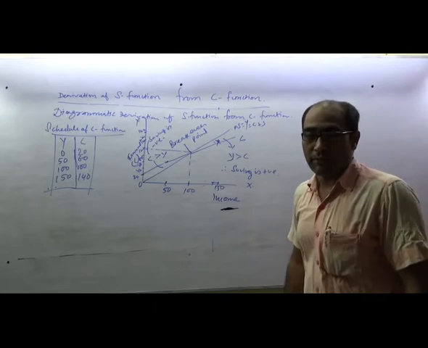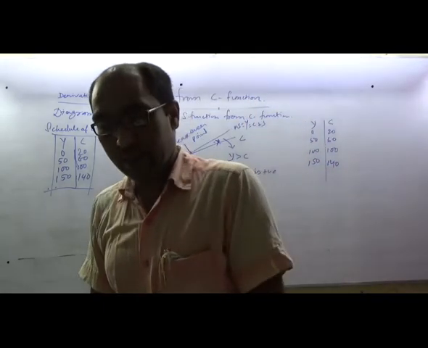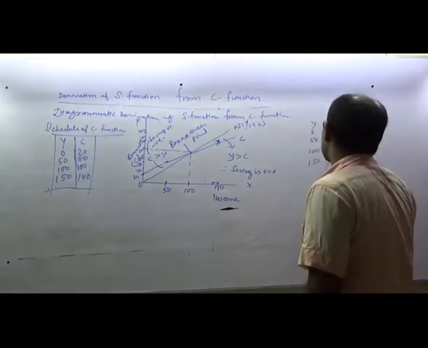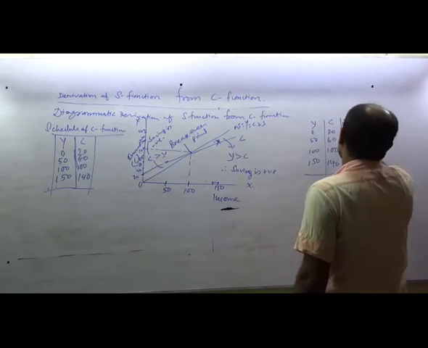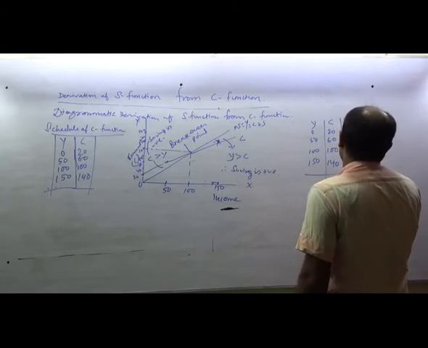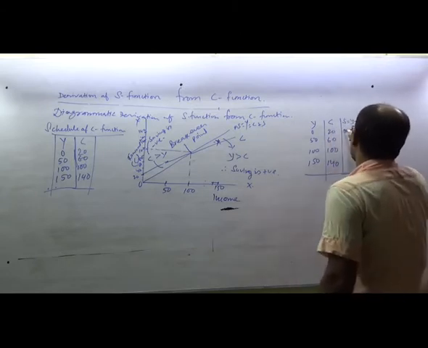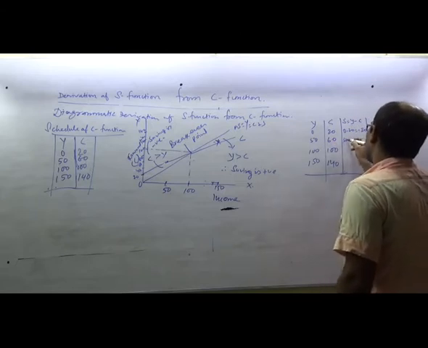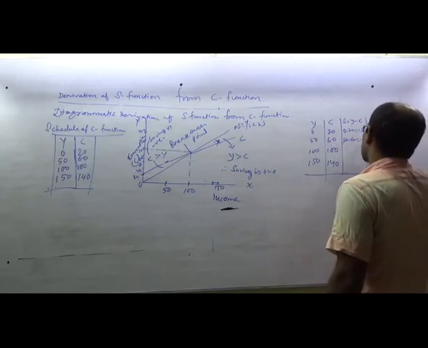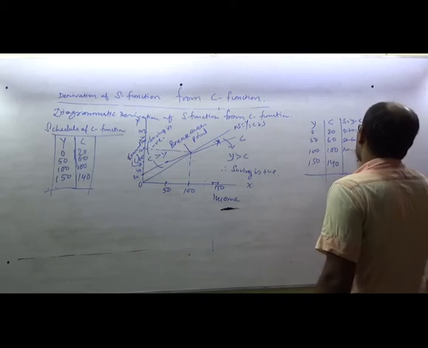We have to derive the value of S equals Y minus C. Calculate: 0 minus 20 equals minus 20; 50 minus 60 equals minus 10; 100 minus 100 equals 0; and 150 minus 140 equals 10.